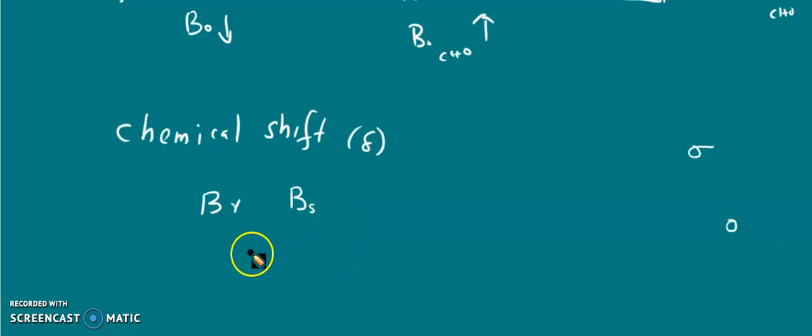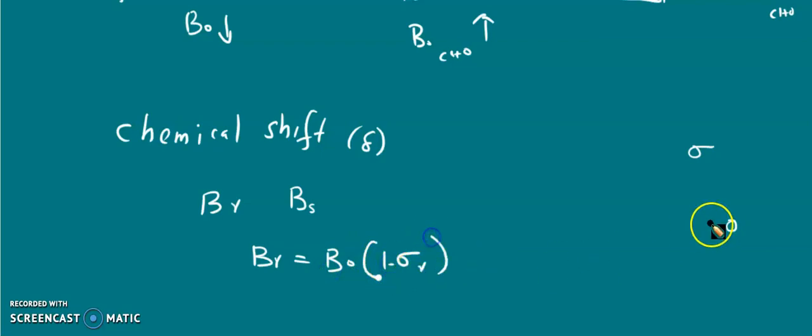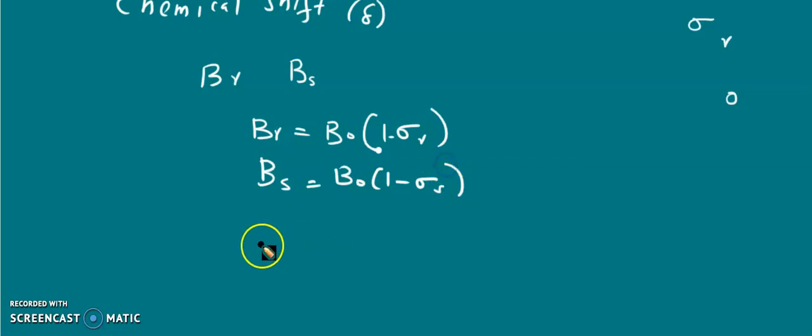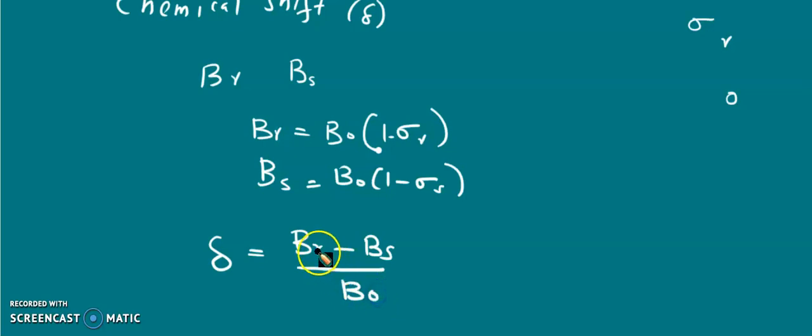So then we know that Br is equal to B0 into (1 minus sigma r), and sigma r is very small in general, and Bs is equal to B0 into (1 minus sigma s). Now the chemical shift delta is defined as (Br minus Bs) divided by B0, the shift in magnetic fields divided by the applied magnetic field.